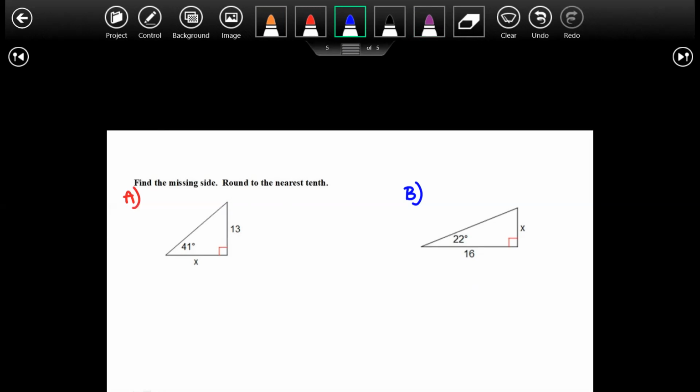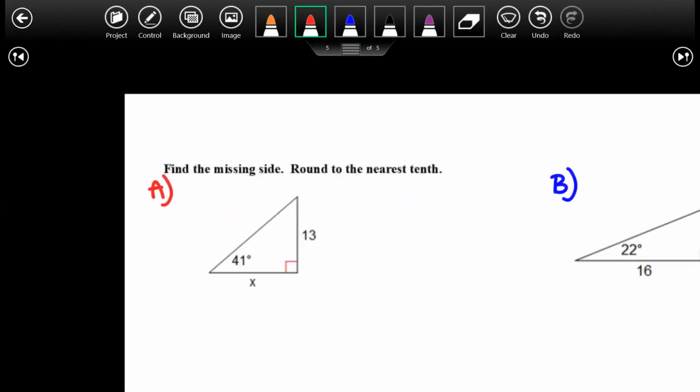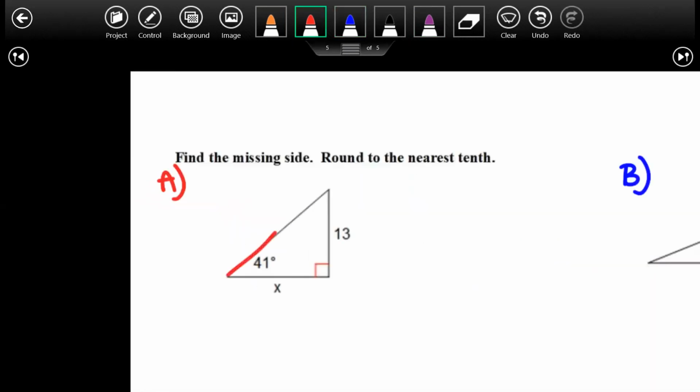What's our reference angle for example A? To set this up, we're always going to use that the tangent of an angle is equal to opposite over adjacent. So what's my first step? Label, right? What will x be equal to?